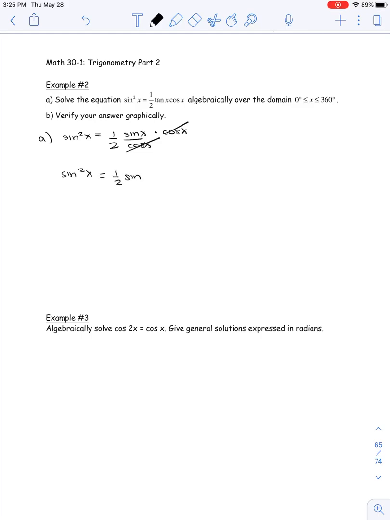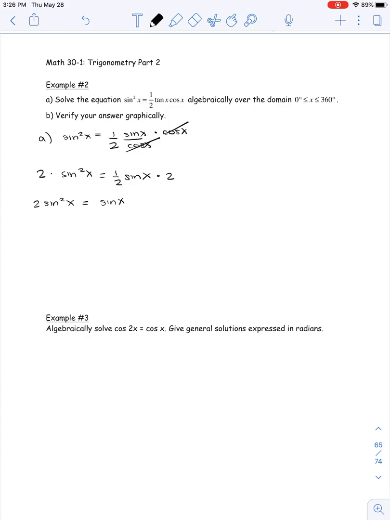1/2 sine x. You can bring it all to one side, but in order to make it easier, I'm going to get rid of the fractions by multiplying everything by 2. So now you're going to have 2 sine squared x equaling, these 2's will cross each other off, leaving us with just sine x on the right side.